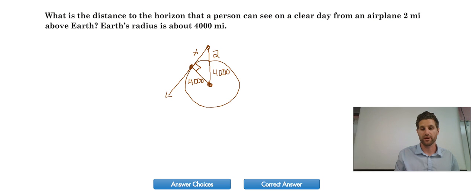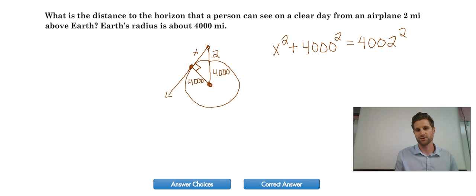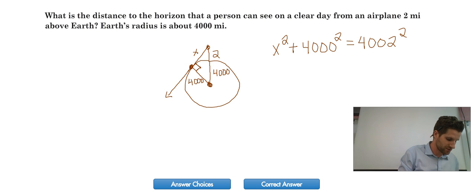So we are going to go ahead and just do x squared plus 4,000 squared equals 4,002 squared. So that would be our hypotenuse across from it. So x squared equals 4,002 squared minus 4,000 squared.